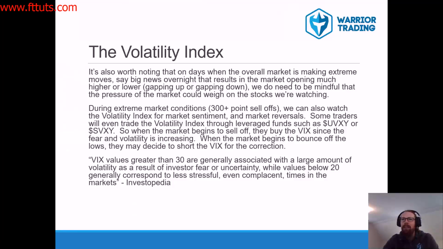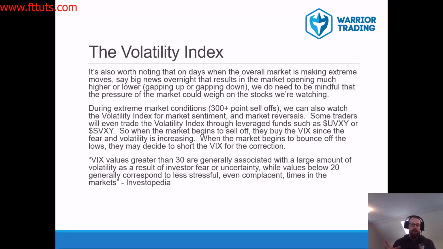Now, when we're talking about the VIX, there are times where I've traded it more, in the years when we were having a lot of really volatile FOMC meeting minutes. But in recent years, I haven't traded the VIX very much. During extreme market conditions, like a 300-point sell-off, we could watch the volatility index for bounces.